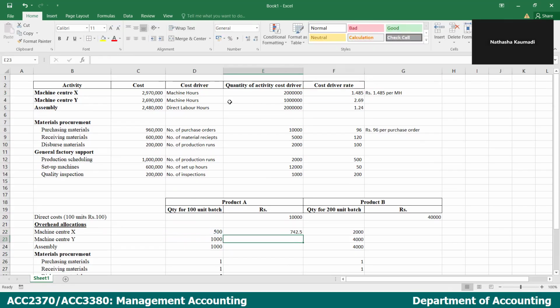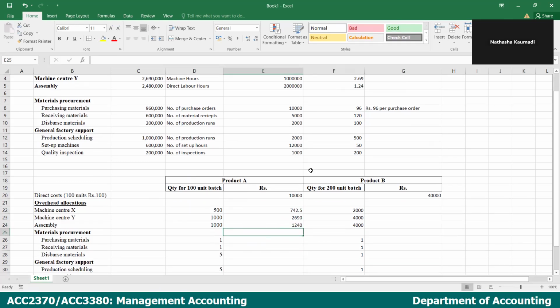Just a matter of multiplying that. What about machine center Y? We need 1000 machine hours. 1 hour, 2.69 rupees. Assembly, we need 1000 direct labor hours. 1 hour is only 1.24, 1 rupee and 24 cents. Likewise, you multiply.